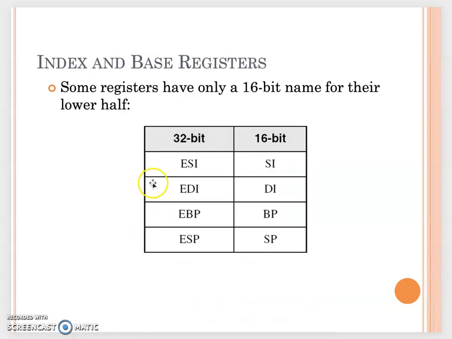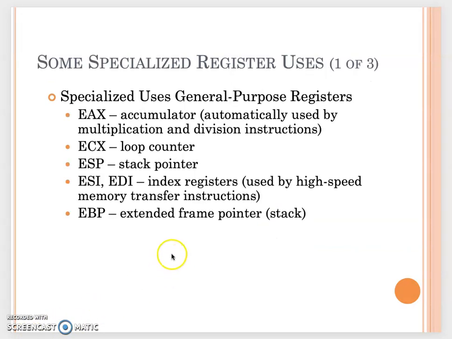The same thing applies to what we talked about earlier: ESI, EDI, EBP, ESP are for processing the stack memory. Those 32-bit registers, in the 16-bit environment, use SI, DI, BP, and SP to refer to them. We will talk more about each register and how we use it in future chapters.